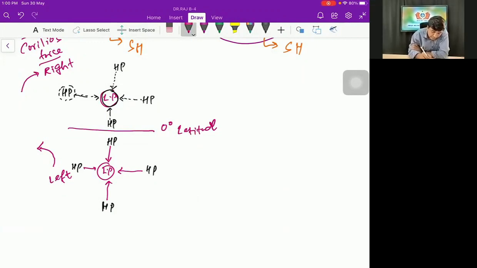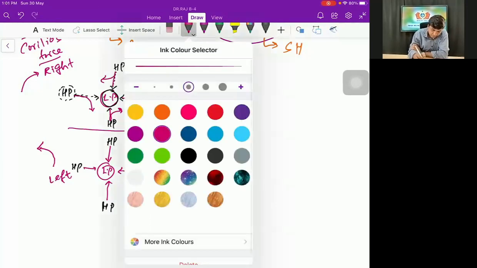So Coriolis says that wind will deflect towards the right. This is the original path, the straight path, but the wind will deflect towards the right. Very, very important.